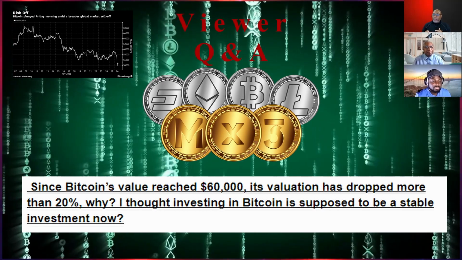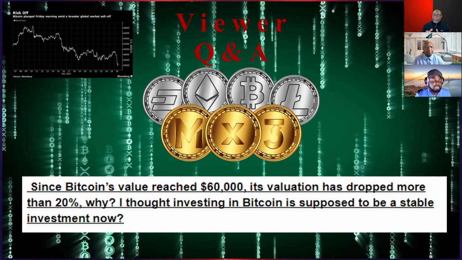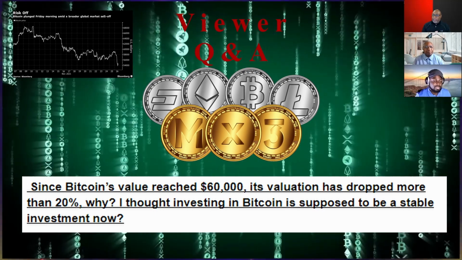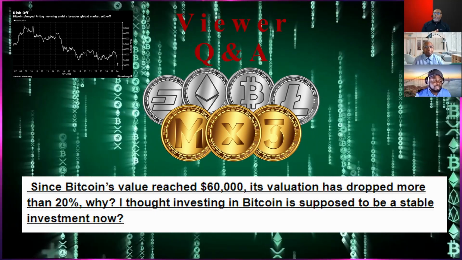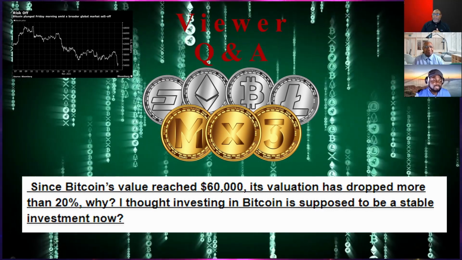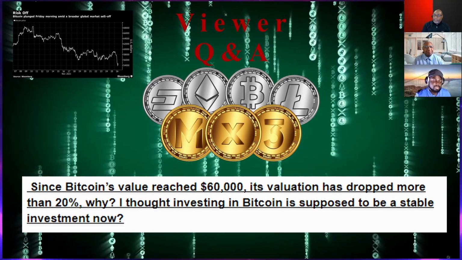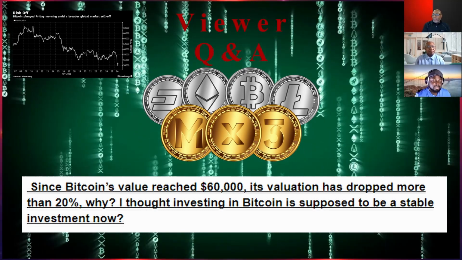So just like with the stock market, anything and everything can be manipulated, and to be honest with you, again, I go back to this whole China thing, because China started mining for Bitcoin as a country way before any other countries.